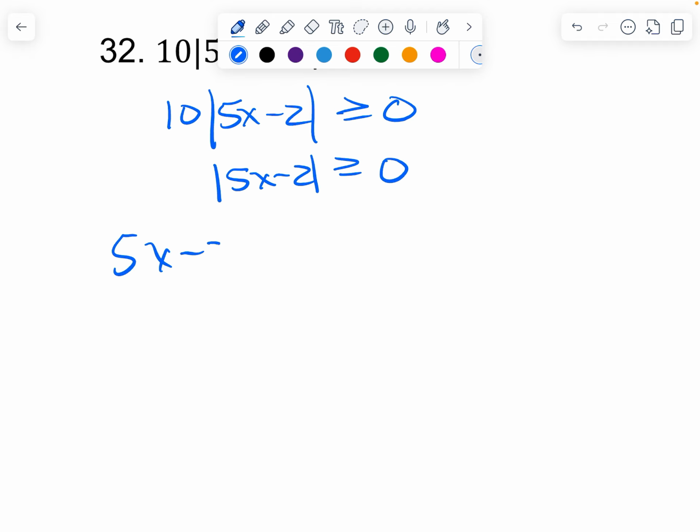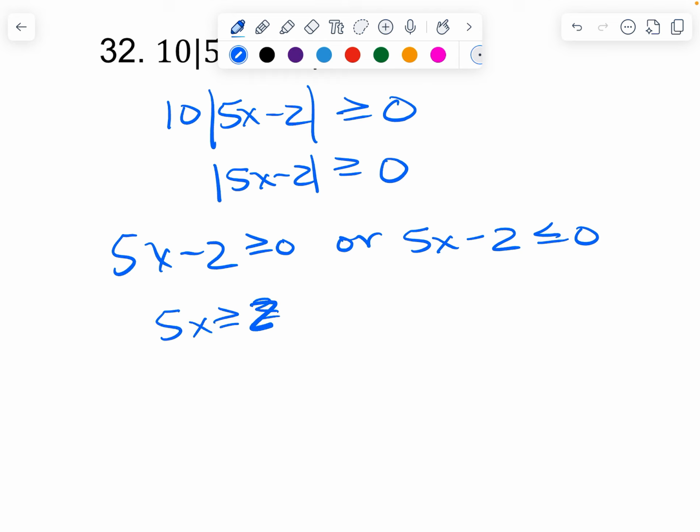So 5x minus 2 is greater than or equal to 0, or 5x minus 2 is less than or equal to 0. So 5x is greater than or equal to 2. X is greater than or equal to 2/5, or 5x is less than or equal to 2.